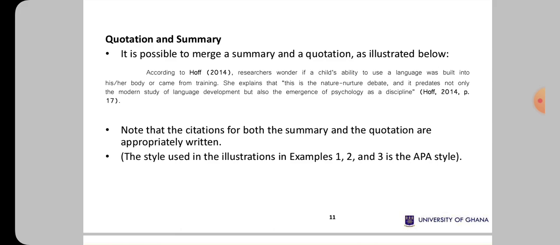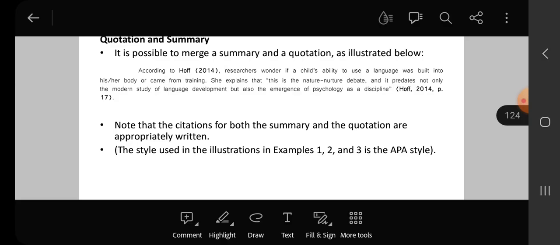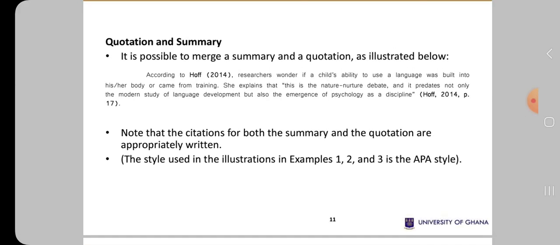By the end of the day, we've cited the person. Now we are coming to quote the person directly. That's how I said we are going to use the summary and then the quotation. So let's see how we do it.